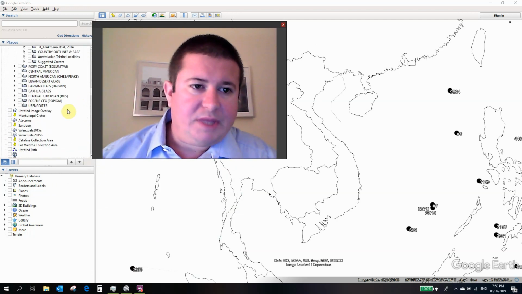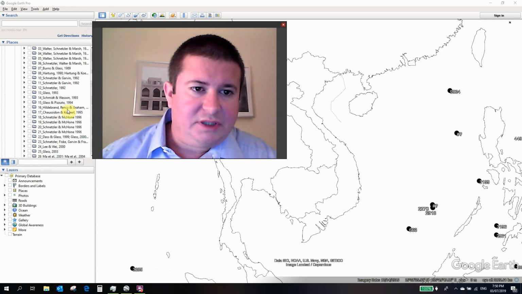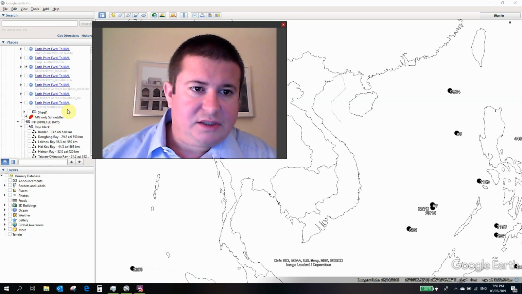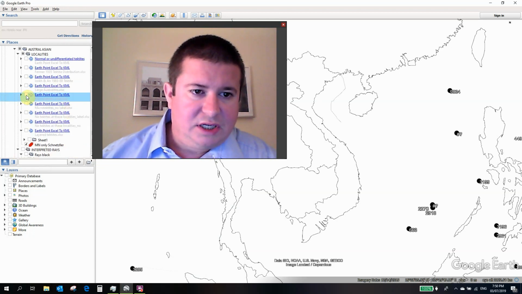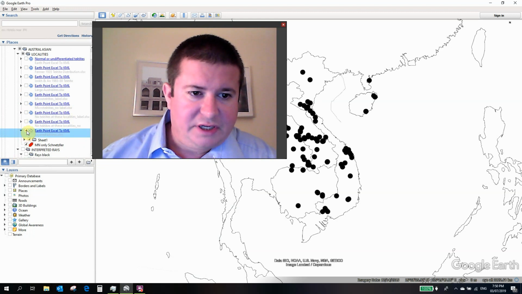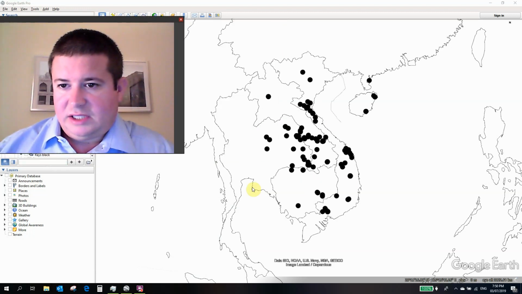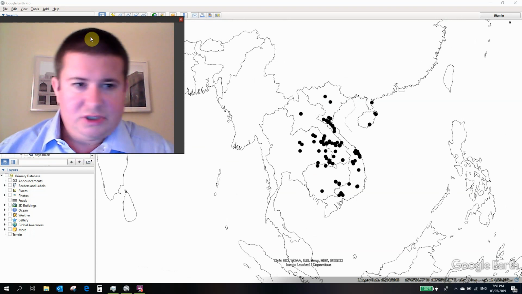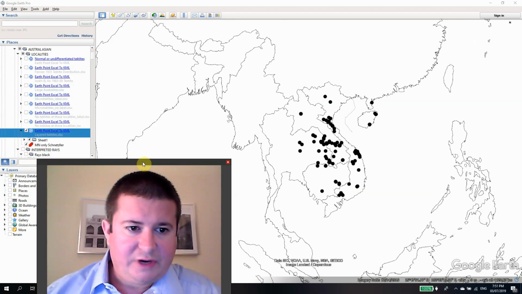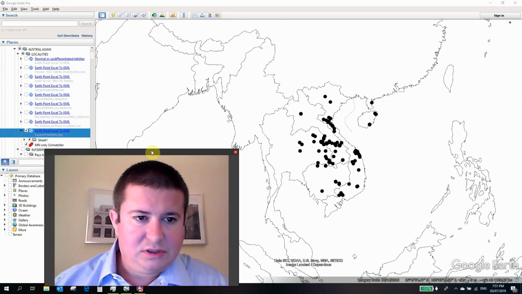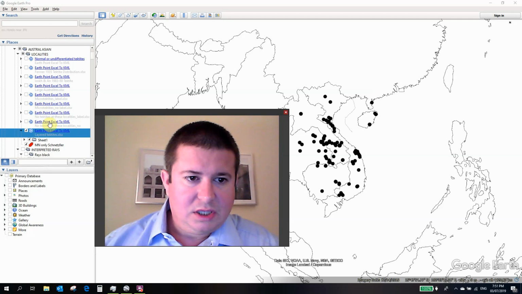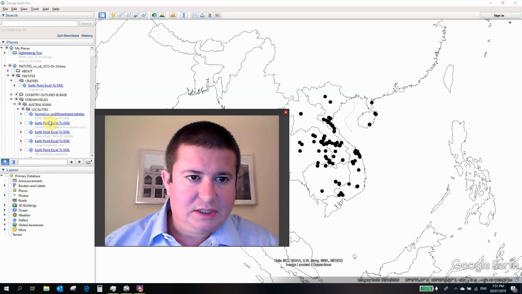Let's go up here, find through all this mess. Right, let's turn microtektites off and turn layered tektites on. Right, so here's the layered tektite distribution. This is an old file because it's not updated.